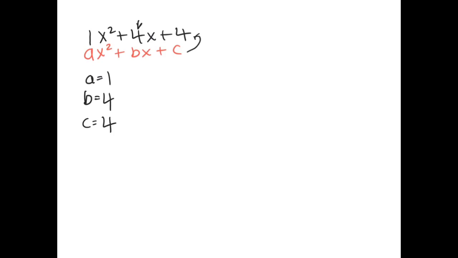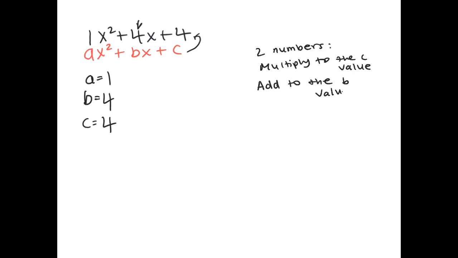Now, to factor a quadratic equation, you must find two numbers that multiply to the c value but add to the b value. So we must find two numbers that multiply to the c value and add to the b value. Now, in simpler terms, we just have to find two numbers that multiply to 4 and add to 4.